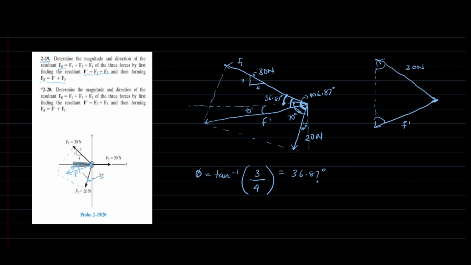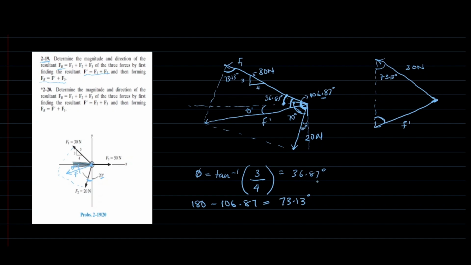Now in a parallelogram, adjacent angles, that is this angle 106.87 and this angle here, must add up to 180. So to get the angle at this point, we do 180 minus 106.87. That gives us 73.13 degrees, which means we've gotten what we need here.